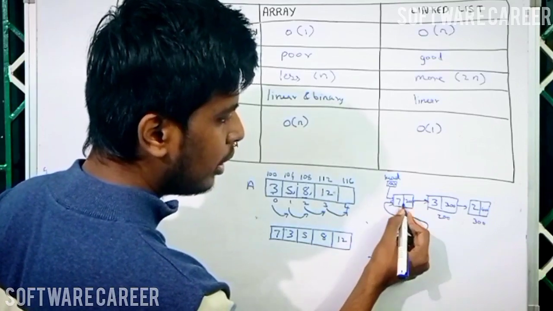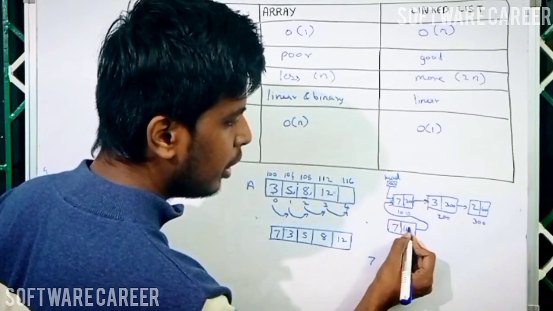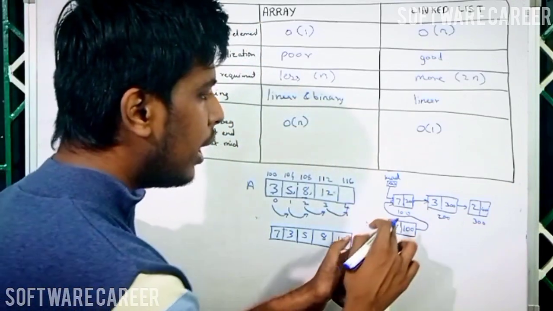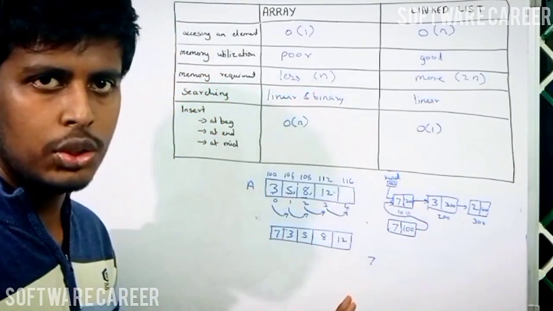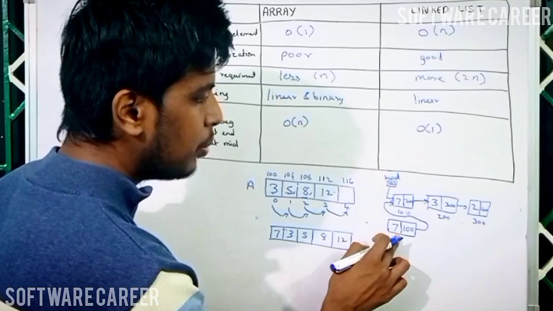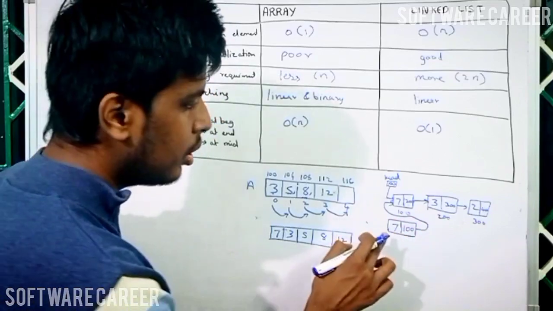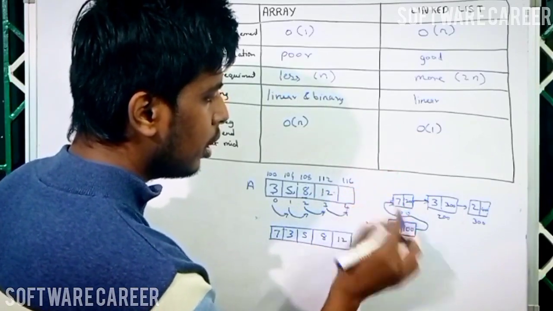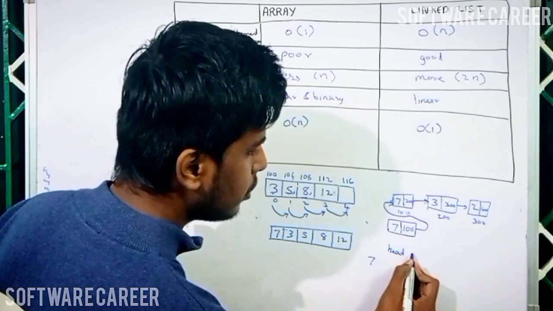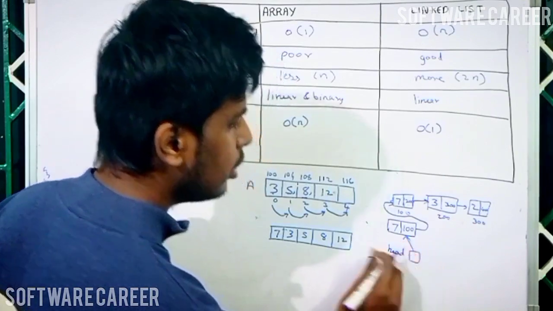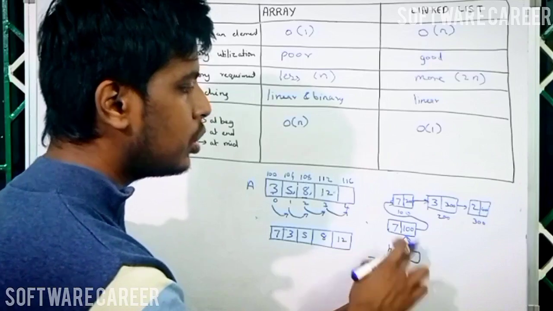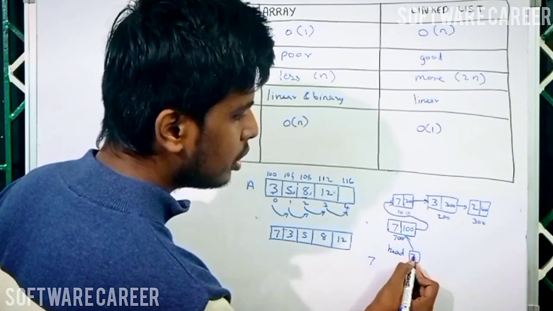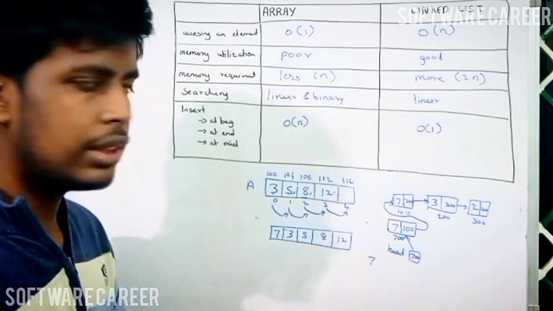At this place you should put 100. The address of this node is 100, so 100 should be the pointer of the new node. Now the head is used to point towards the first node, but now that you insert this at the beginning, the first node is this 7, so the head should point towards this node. So how to make head equal to the new node? Suppose this address is 700, so this 700 gets stored over here. You have inserted this at the beginning.